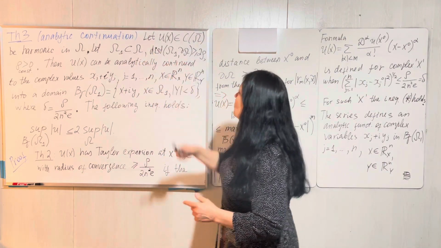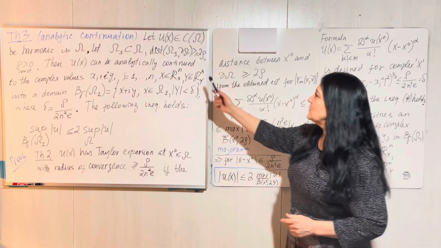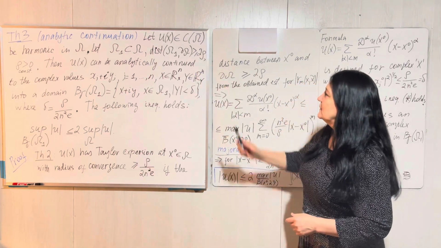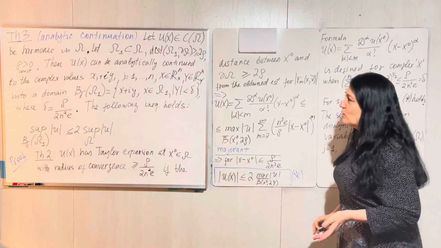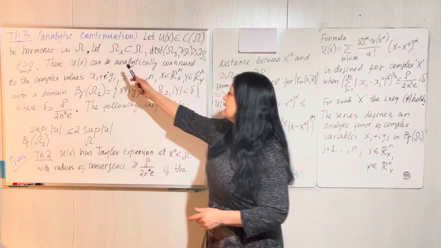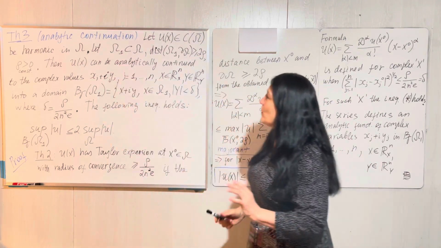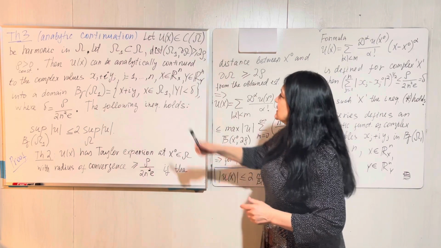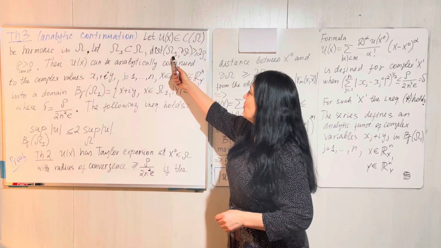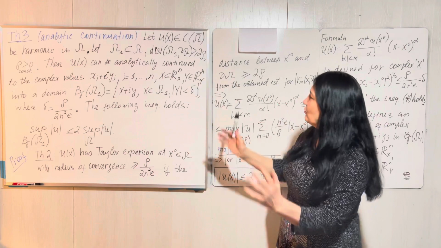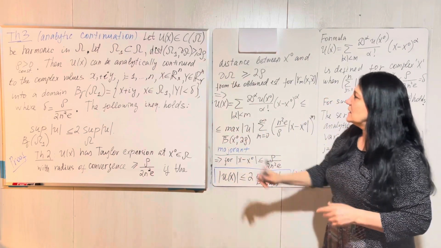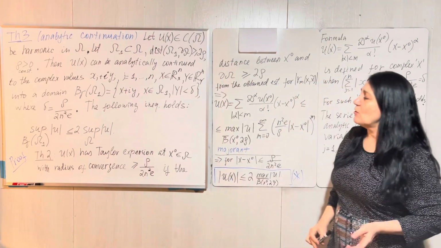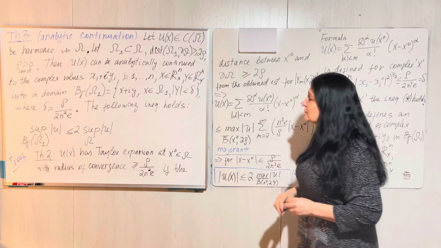So let u be continuous in the closure of domain omega and harmonic in omega. So then we will continue. We will consider domain omega 1 that belongs to omega such that the distance from omega 1 to the boundary of our big domain is not less than 2 rho, and rho is a positive constant.